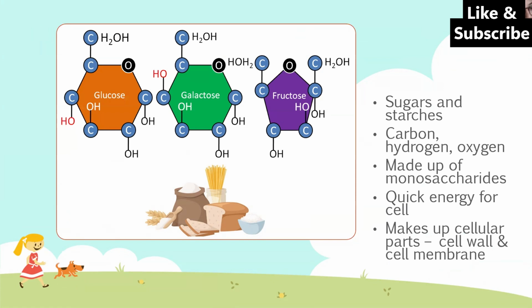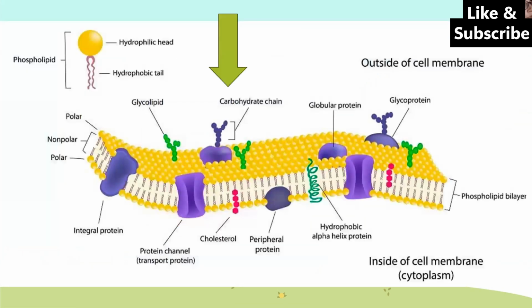The carbohydrates are used as a quick source of energy because they're very, very easily broken down. They also make up parts of your cell, like the cell wall and the cell membrane. So, for example, here you see a carbohydrate chain on the outside of your cell membrane.